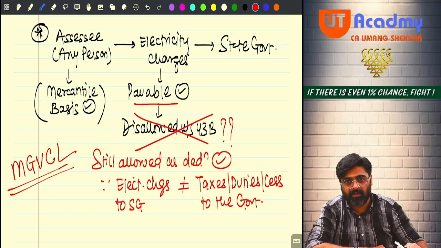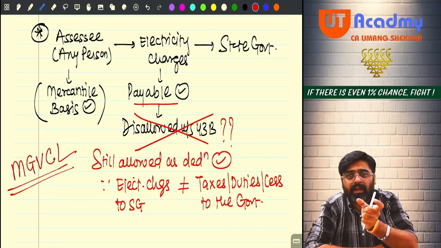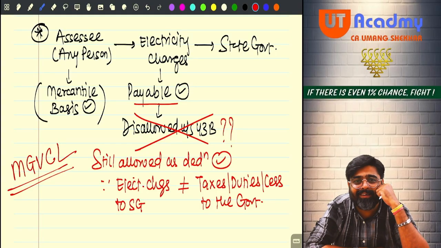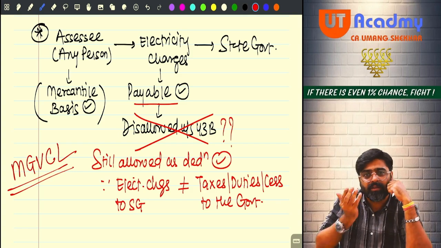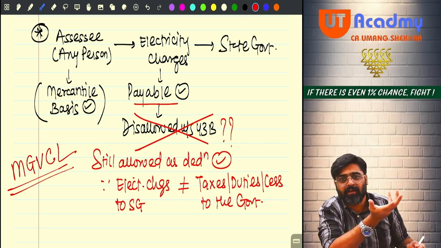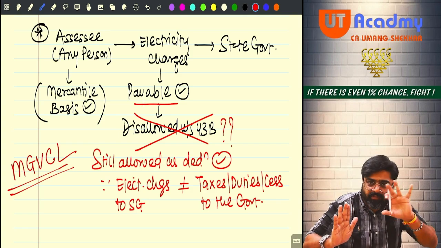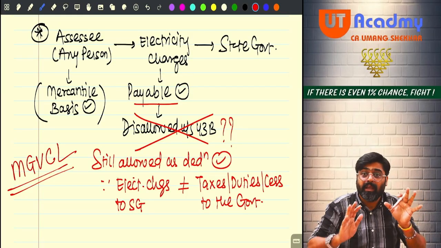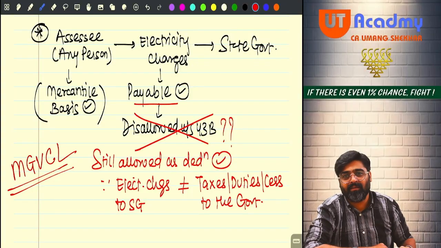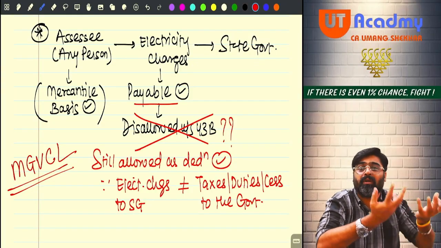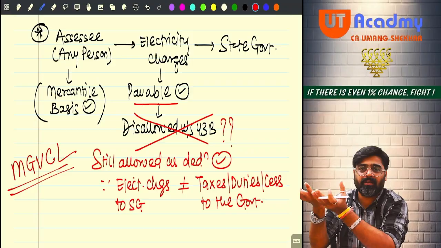Oh, is it T, or is it electricity charges? How can you make electricity charges taxes? The charges are not in the nature of taxes. Even though these charges are payable to the state government, that does not mean it will take the character of tax.